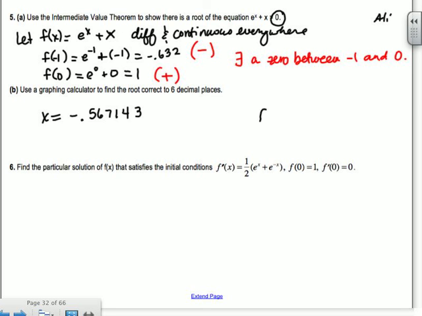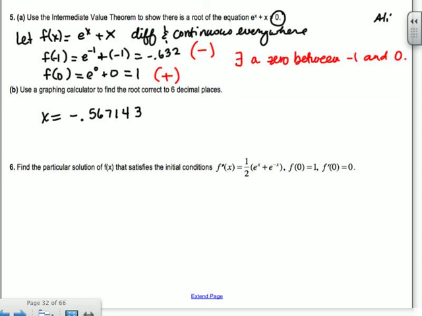So f prime would be e to the x plus 1, and isn't that always positive? Anything you plug in for x is going to be a positive number in the end. So you could say, therefore, it's always increasing. So it's never going to come back down, and you're never going to have another 0.